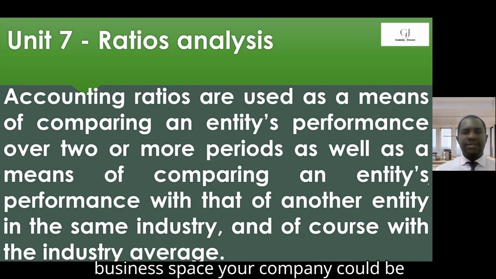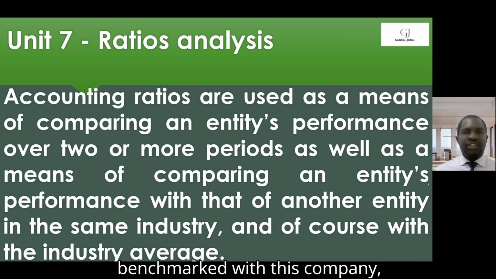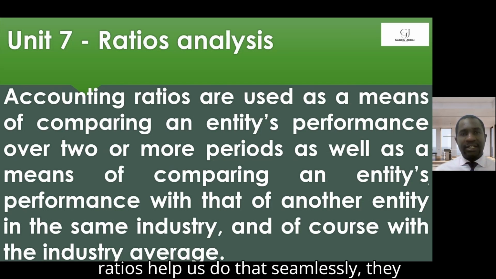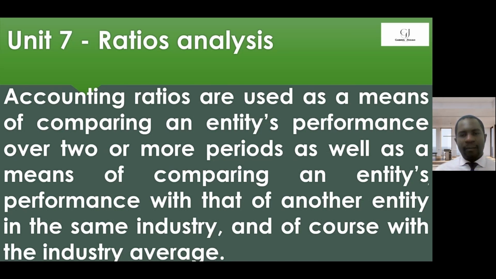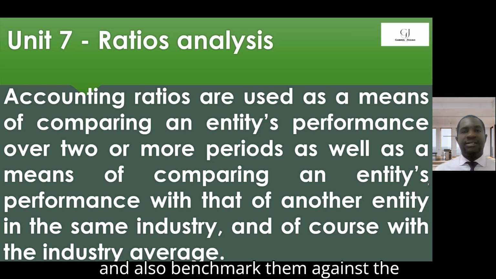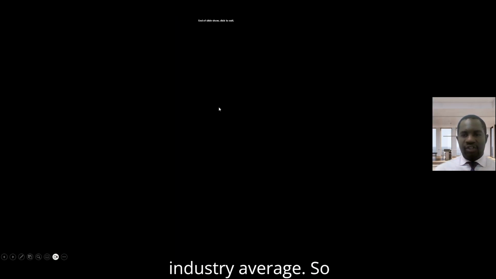So in that business space, your company could be benchmarked against other companies in that industry. So accounting ratios help us do that seamlessly. They compare entities' performance over periods and also benchmark them against the industry average.